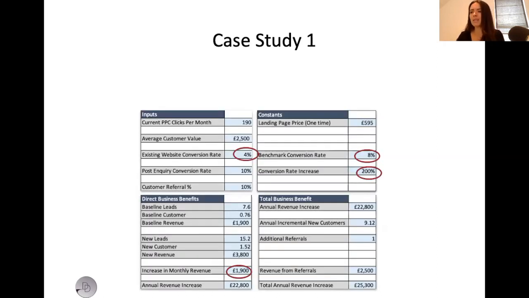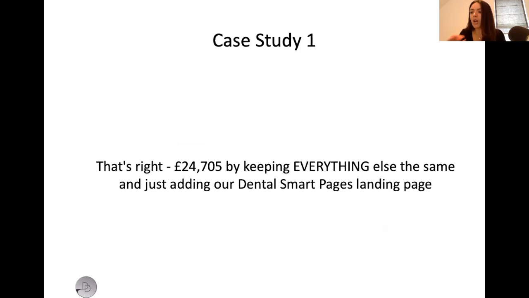And you might be thinking, yes, but who cares about conversion rates and why do they really matter? What do they even mean? So here's why it matters: the total annual revenue. So that's right, you can see just by keeping everything the same and just by adding our dental smart pages, we managed to increase by over £24,000.